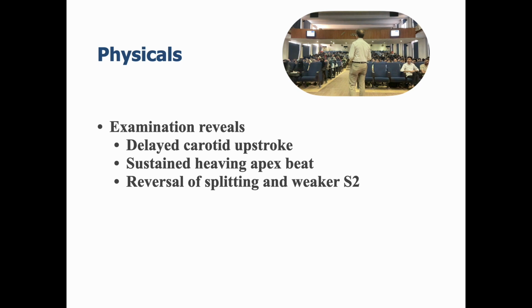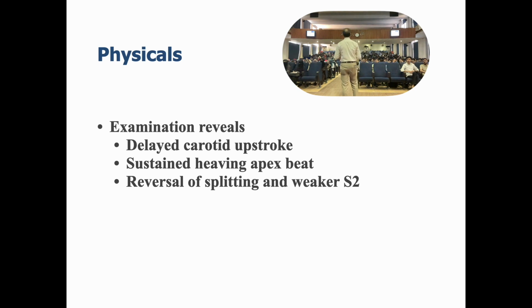In aortic stenosis, there is delayed ejection because of the narrowing at the LV outlet. So the aortic valve closes after the pulmonic valve. The pulmonic valve closes first and then the aortic valve closes. So this is called reversal of splitting.